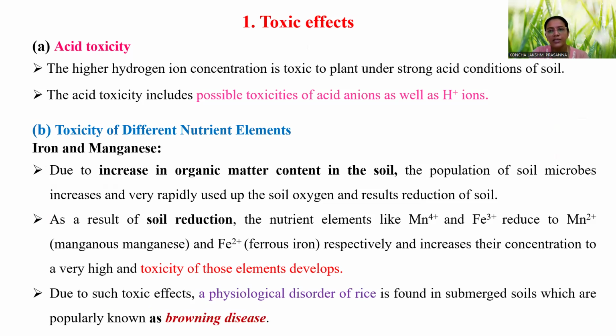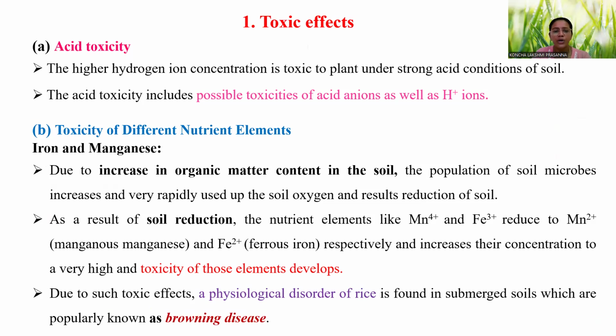Due to this soil reduction, elements like Mn+4 and Fe+3 get reduced: Mn+4 to Mn+2, that is the manganous form, and Fe+3 is converted to Fe+2, that is the ferrous ion, thereby causing toxicity of those particular elements.